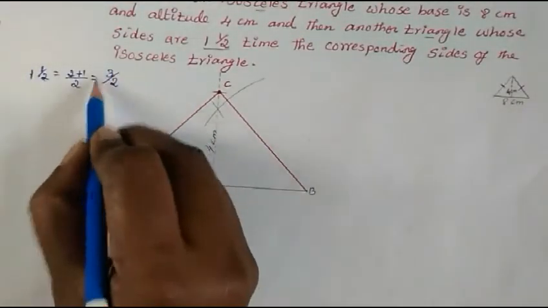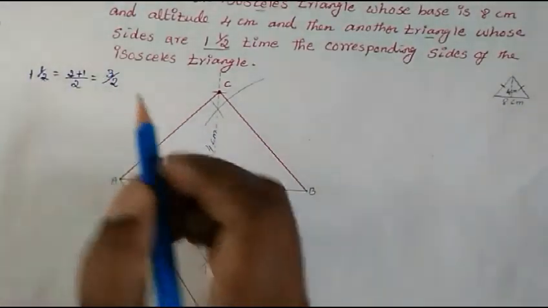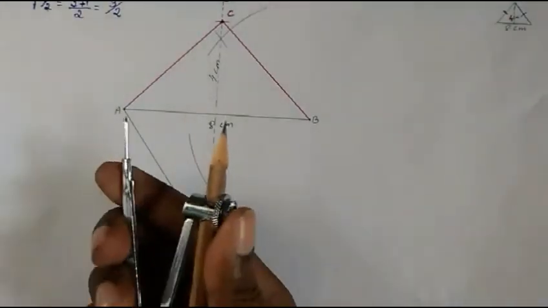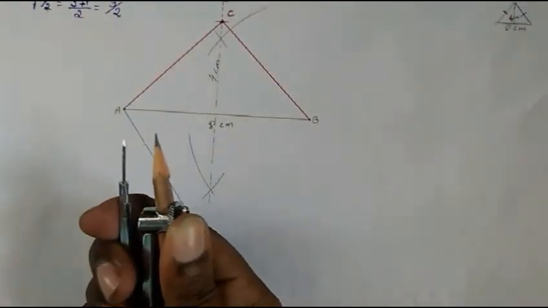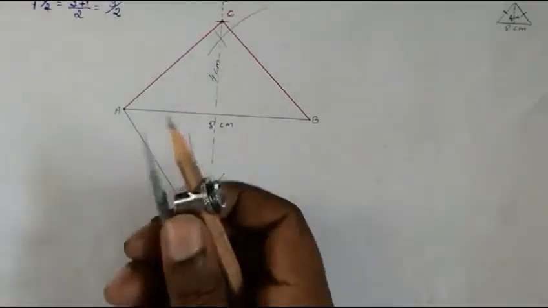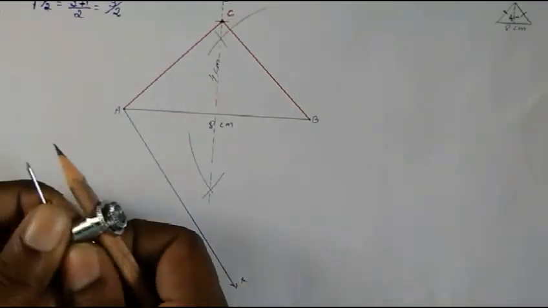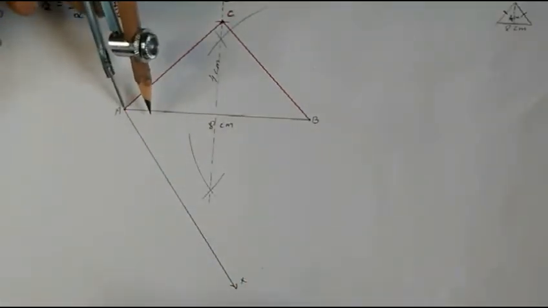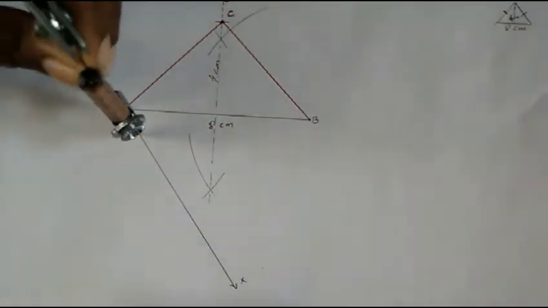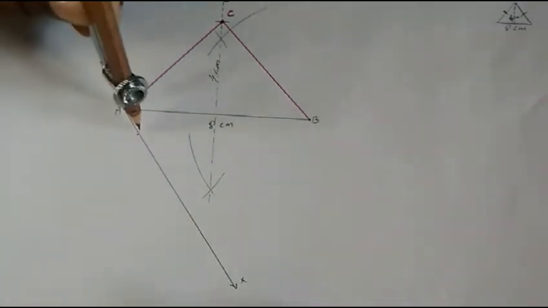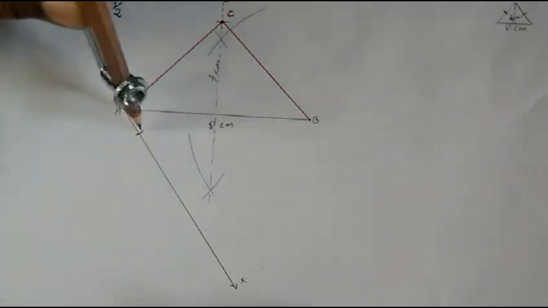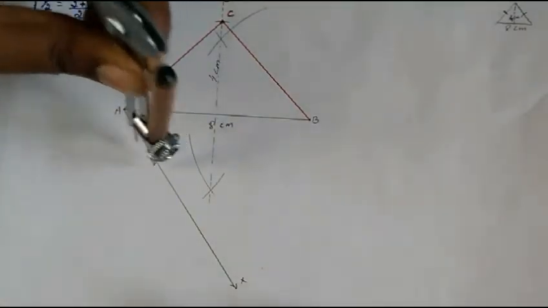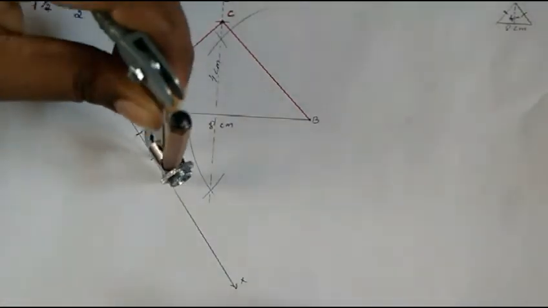Now what we have to do? Look here, which is the biggest number? 3. So let us divide this into 3 parts. So we'll take the compass, any measure you take, and divide into 3 parts equally. Keep the leg on A. So 1, 2, 3.